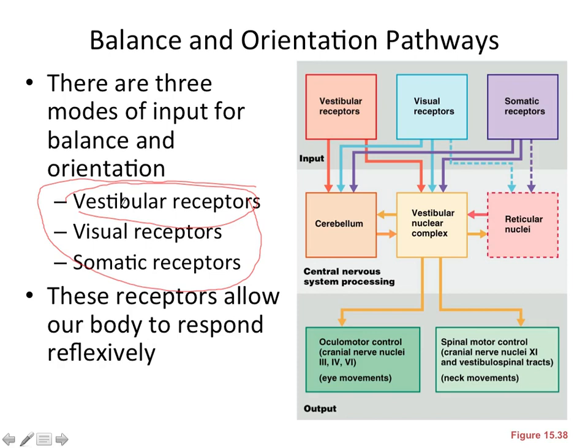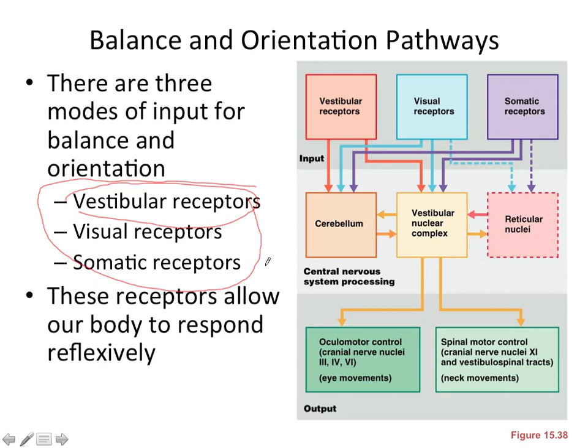Our visual receptors are our eyes. The somatic receptors are proprioceptors in our muscles, tendons, and ligaments, which detect the position and orientation of our limbs and body.